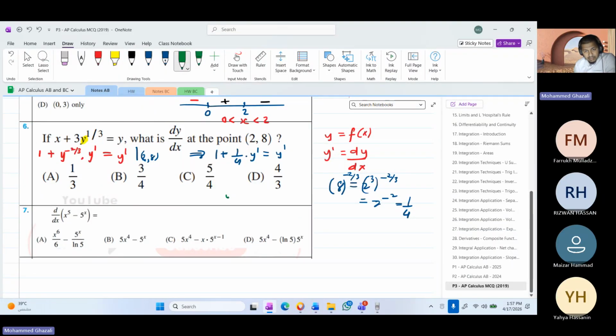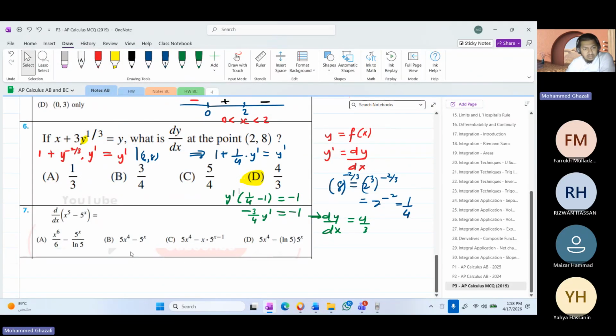I take y prime as a common factor, taking this y prime onto the other side. So I've got a quarter minus 1, which is negative 3/4, right? Y prime times that is equal to negative 1, so negatives cancel out. So dy/dx becomes 4 over 3. Yeah, good. Excellent. So at least you know how to switch and solve quickly. That's easy. Good.